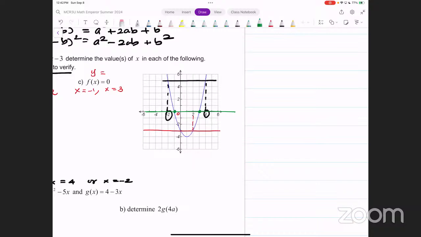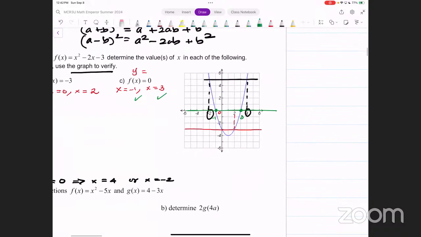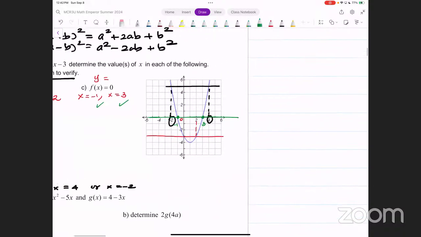You see that? So we list those points. That's -1, and this is 3. For example, -3, I draw the graph, and the graph crosses here, so we just label that, right? 1 and 2. Make sense?